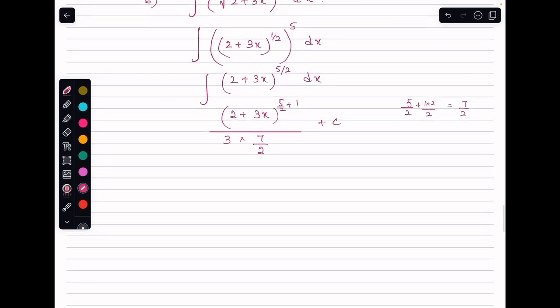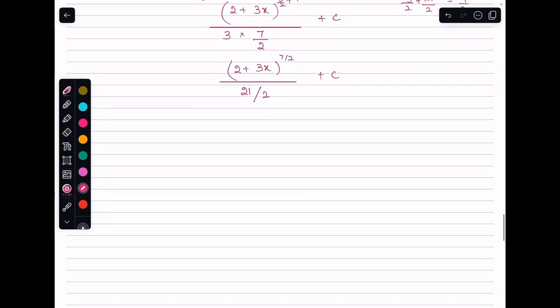So this means that my answer to this question is going to be 2 plus 3x to the power 7 by 2 divided by 21 by 2 and then plus c. Further simplifying 21 by 2 in the denominator, I should say it's 2 divided by 21, and this is going to be 2 plus 3x to the power 7 by 2 and plus c.